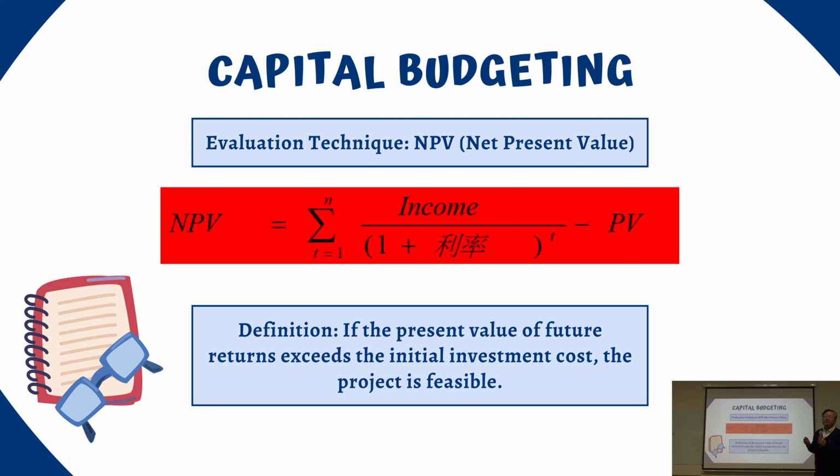If the net present value is greater than zero, that means it creates value. So that's a good project. Whether you evaluate a project as good or not is based upon whether the NPV is positive or not.